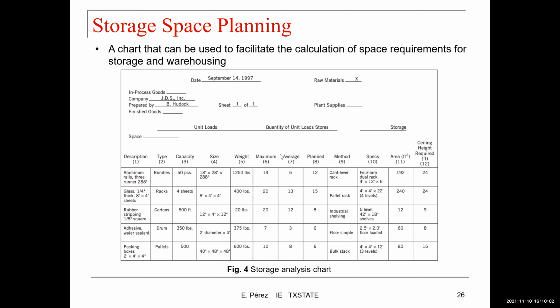So this is essentially putting together in a table all the information that you will need for the product, in terms of planning for the allocation of items in your warehouse facility.